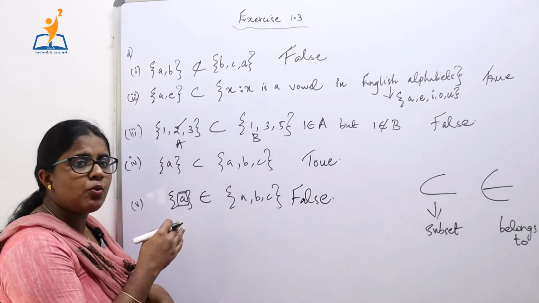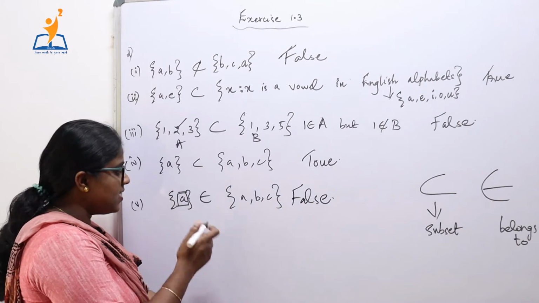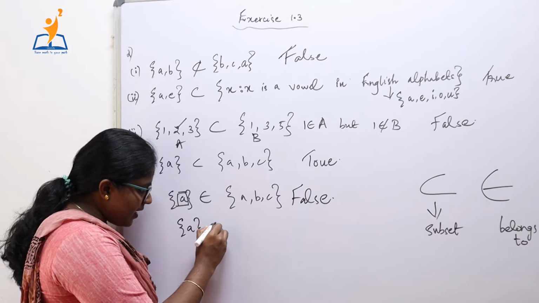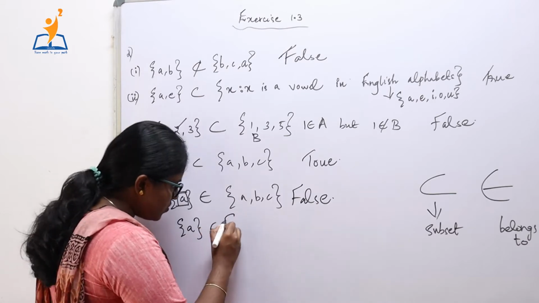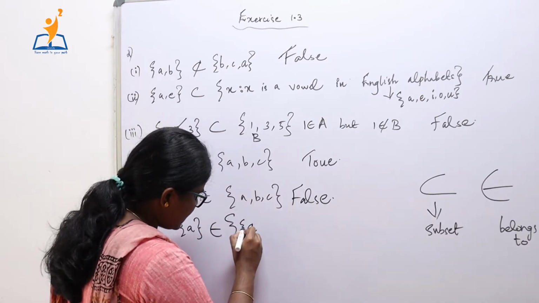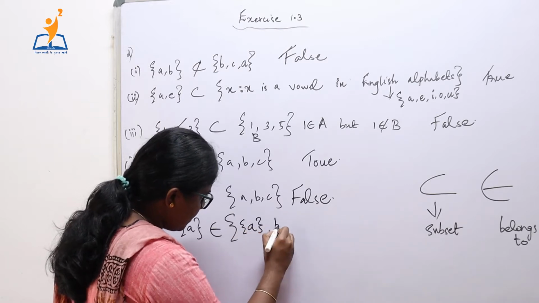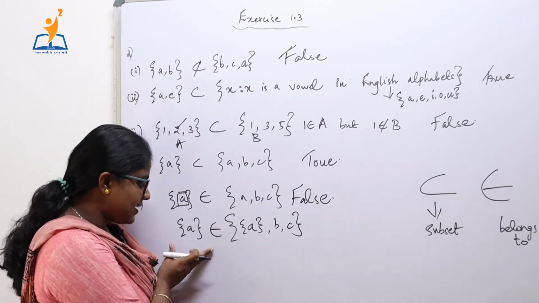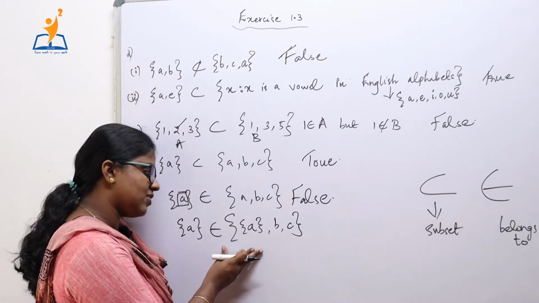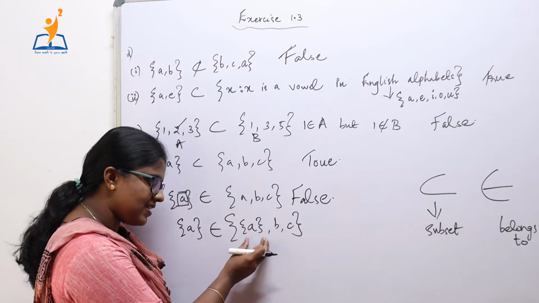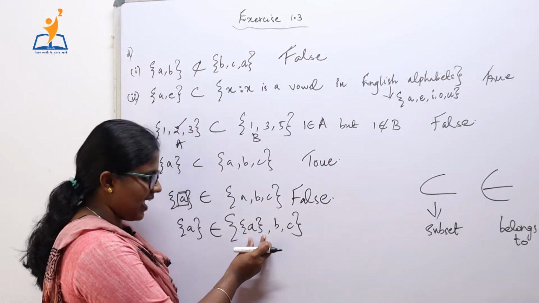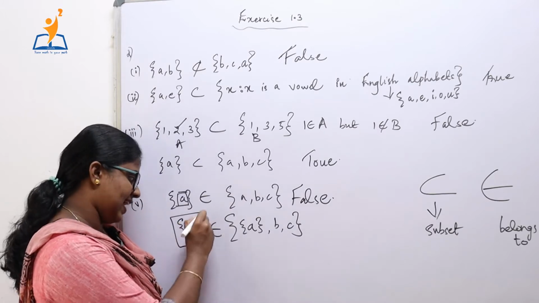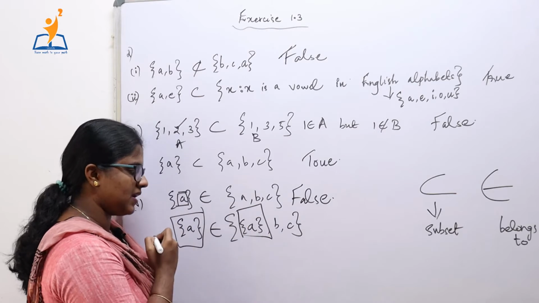Then how can we make this statement correct? We can use it like this: set A belongs to set A, B, C. If this was the statement, that is, set A belongs to the set of all elements such that this particular set contains set A, B and C, we can say that set A is an element of this particular set.